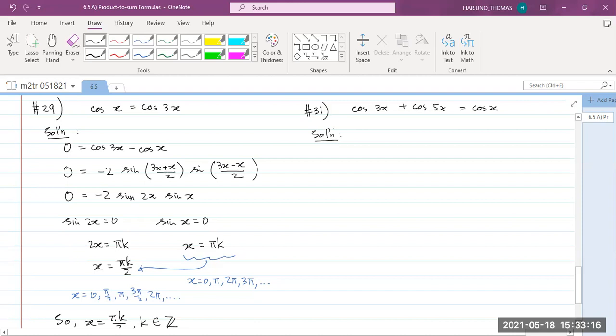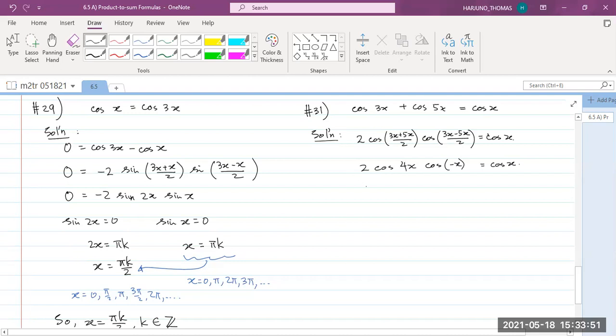What I will do, I will combine the one on the left first. That will be 2 cosine sum over 2 cosine difference over 2. So that's 2 cosine 4x cosine negative x equals cosine x.